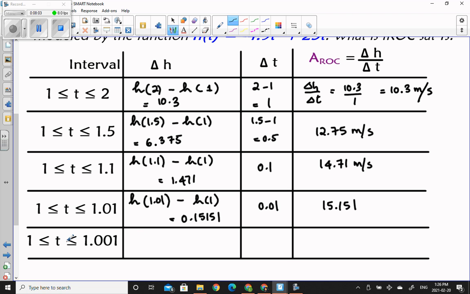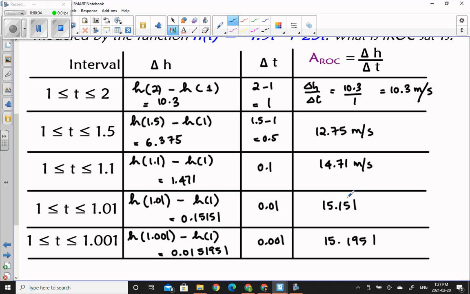And now we're getting even closer to 1, so we're going to find the AROC between 1 and 1.001 seconds. So delta H is H at 1.001 minus H at 1, which works out to 0.015191. The change in time is 0.001. The AROC is 15.1951.